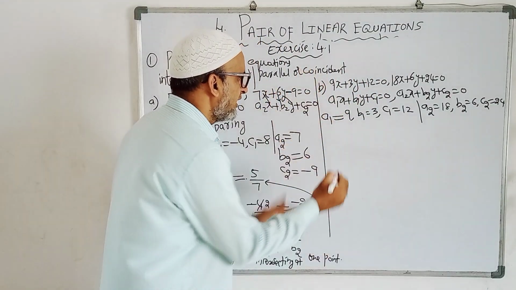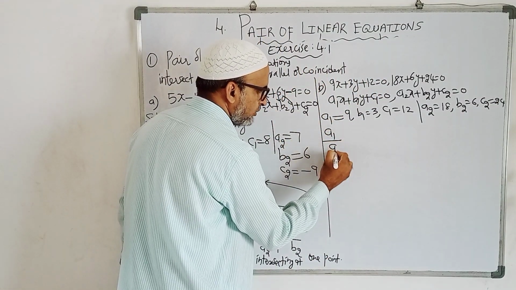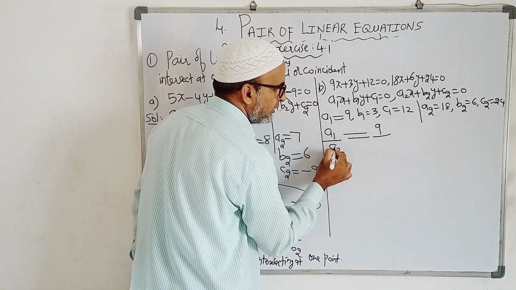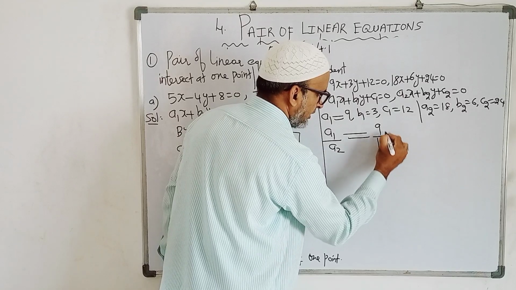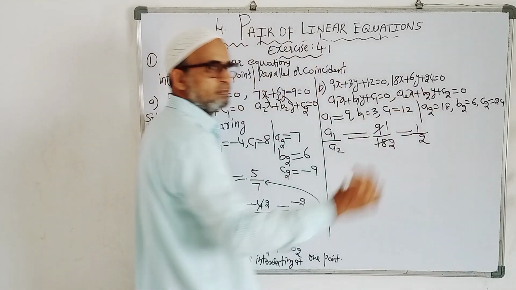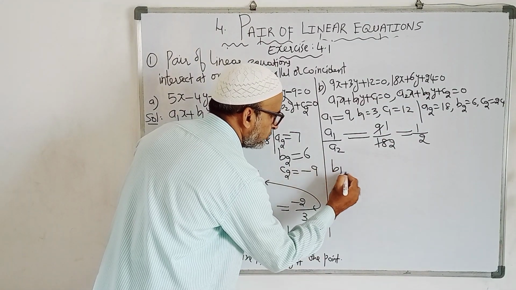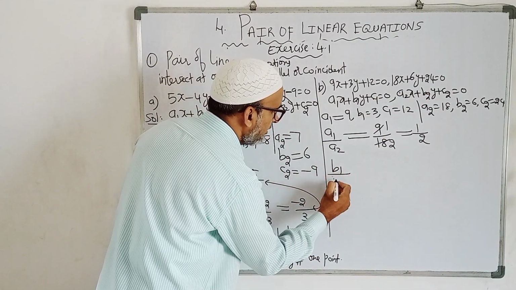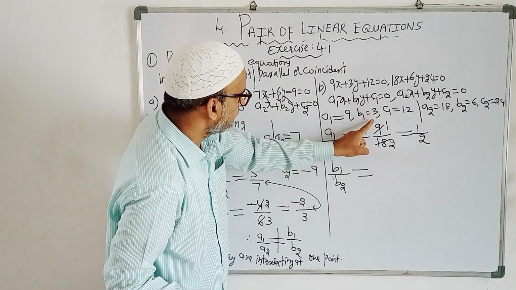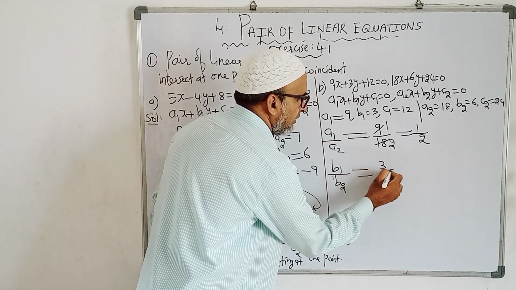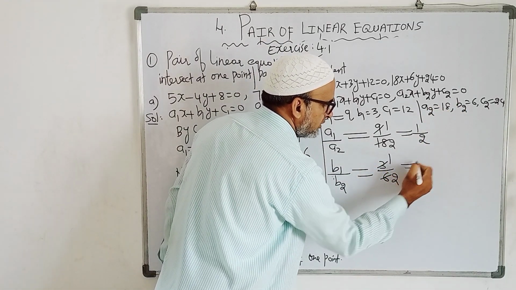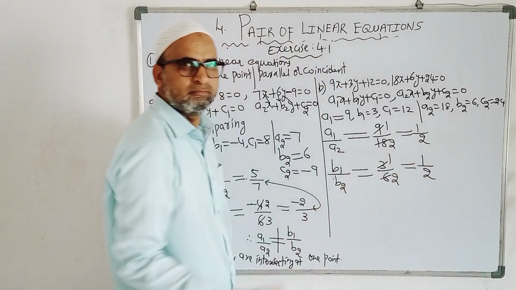Now ratios you find. A1 by A2 is equal to 9 by 18, 9 1s are 9, 9 2s are 18, is equal to 1 by 2. Now go for B1 by B2, which is 3 by 6, 3 1s are 3, 3 2s are 6, is equal to 1 by 2.